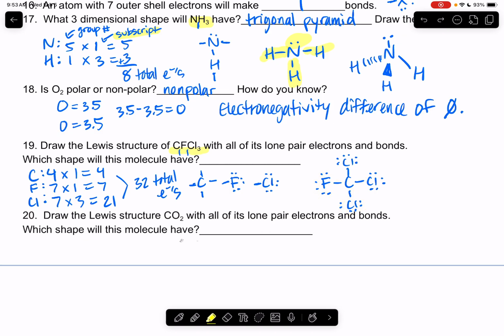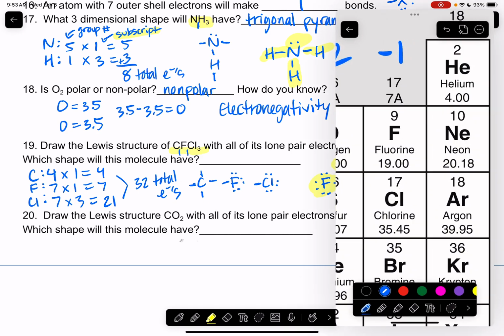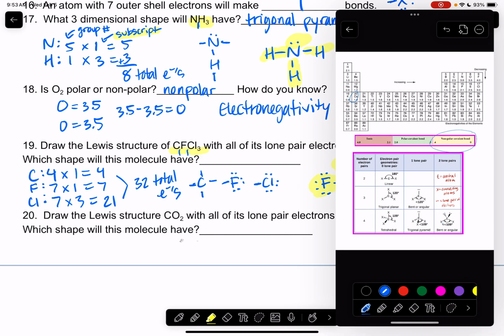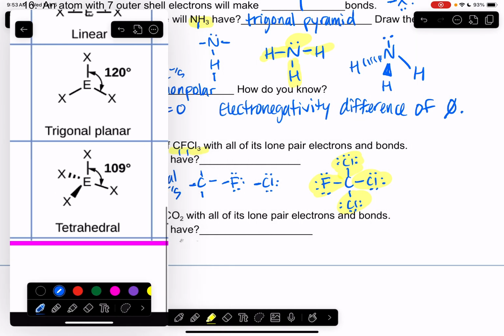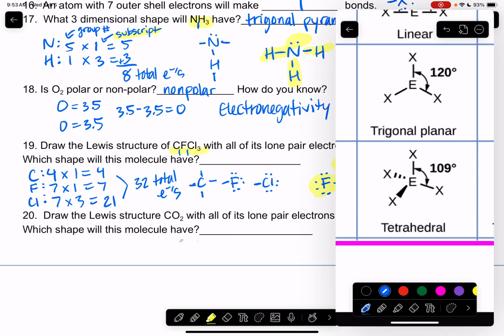Last thing is just figuring out the shape. Because I have 1, 2, 3, 4 groups around the carbon, I'm going to use that in my chart to figure out what shape this would be. So I'm going to go to row 4. And because all of those 4 groups are bonds, this is going to be tetrahedral.